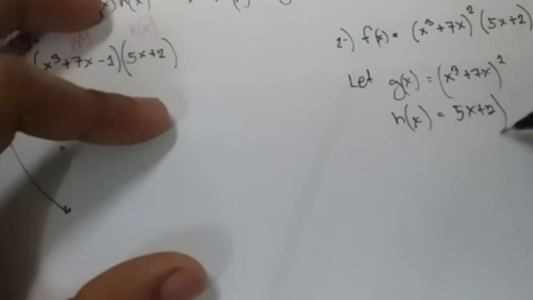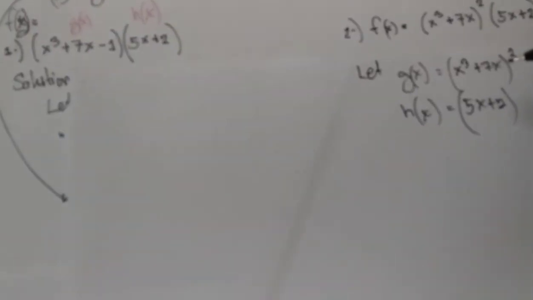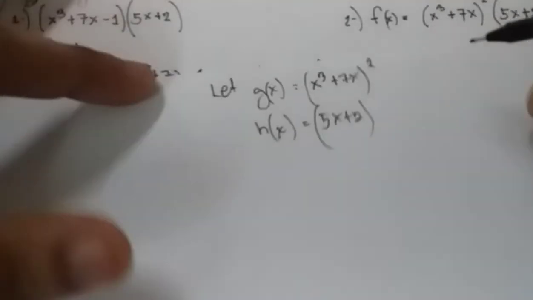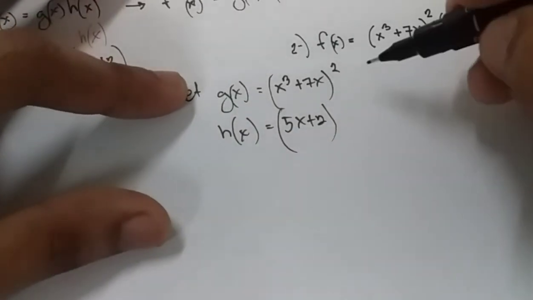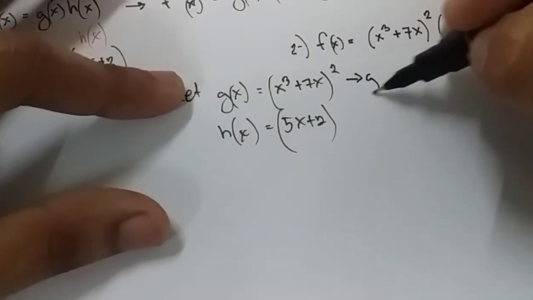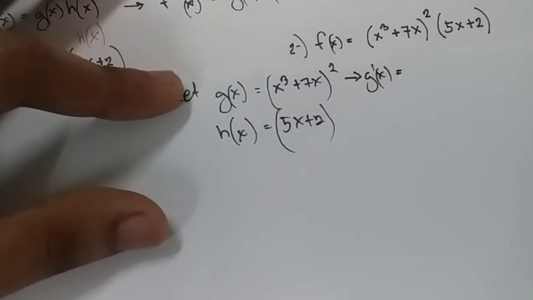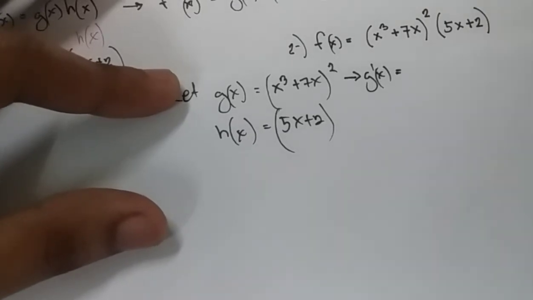So I will take the derivative of each of them. For the number two example, we have g prime of x. Since we have the power of 2 outside of the parentheses, we can use the chain rule here.